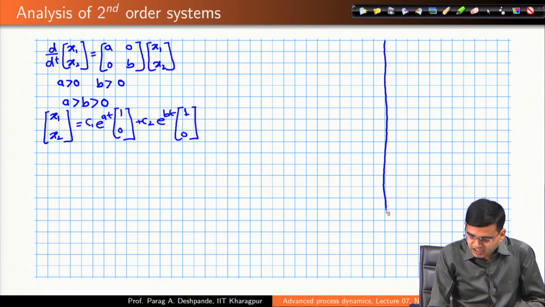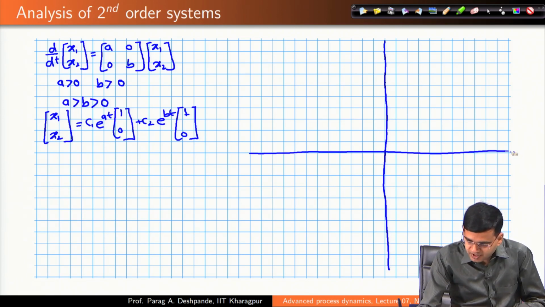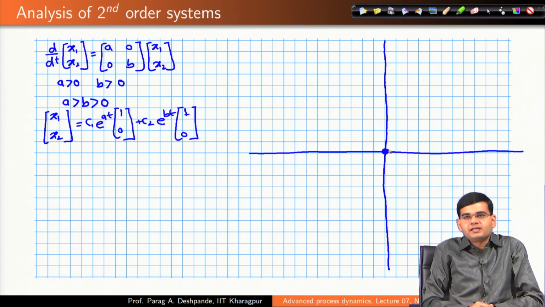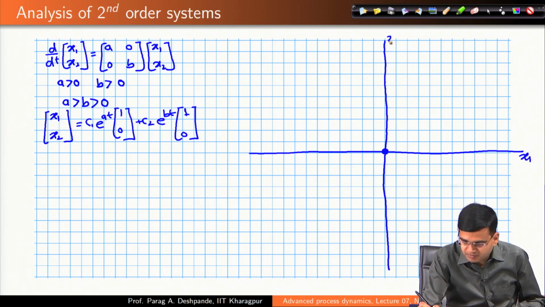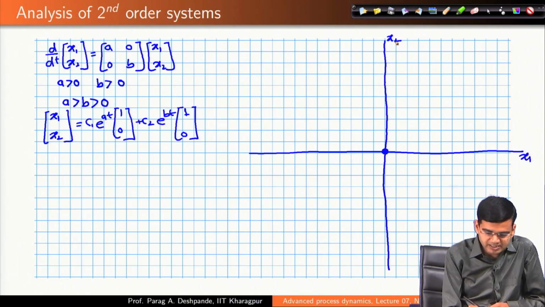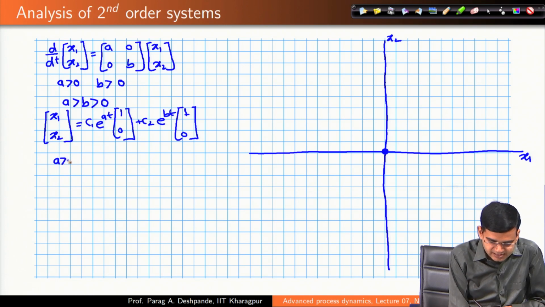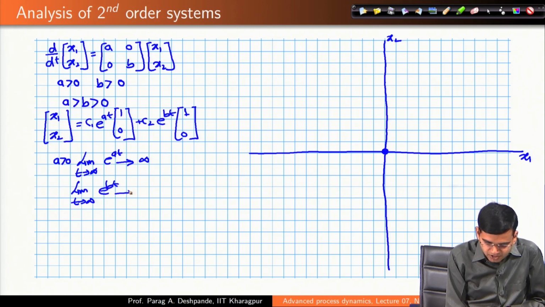So, I will have the same point (0, 0) as the equilibrium solution, and the axes would be x1 and x2. But now, a is greater than 0. So, as t tends to infinity, e to the power at would tend to infinity, and as t tends to infinity, e to the power bt would also tend to infinity.